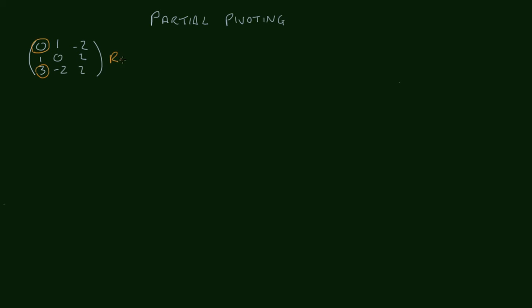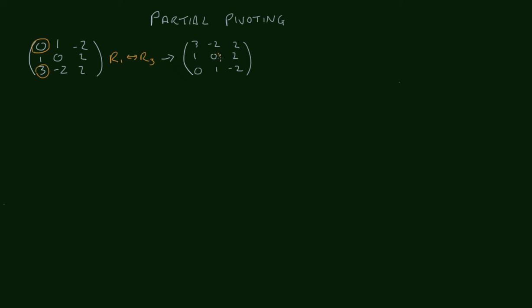So we're going to do a row swap, swapping row 1 and row 3. If we swap row 1 and row 3, row 1 becomes 3, -2, 2, row 2 is left the same, and row 3 becomes 1, 0, -2. So that's the first pivot element done.